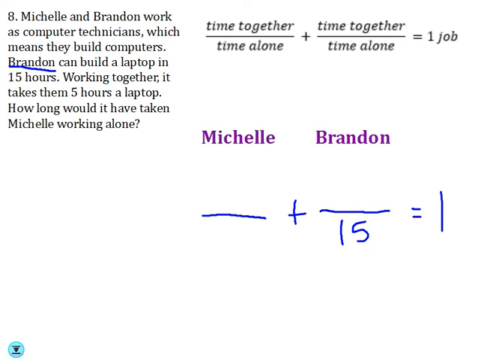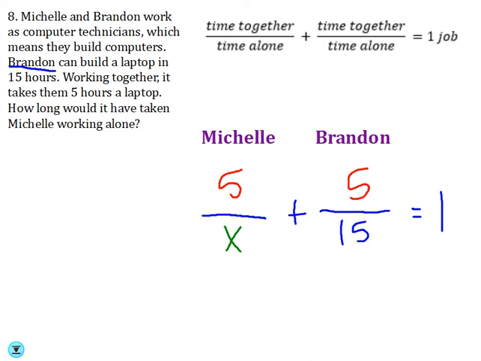Working together, it takes them 5 hours. So both time togethers are going to be 5. And now the question is, how long would it have taken Michelle to do it by herself? So her time alone is going to be x.